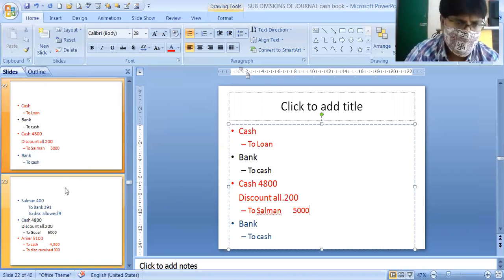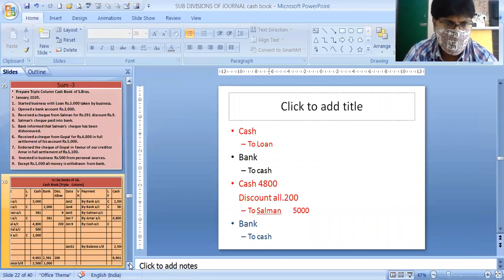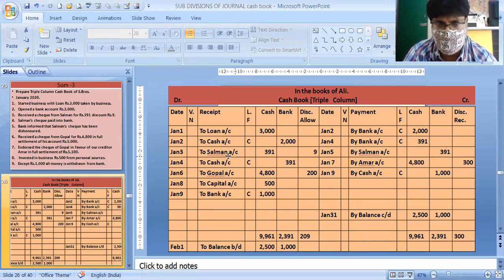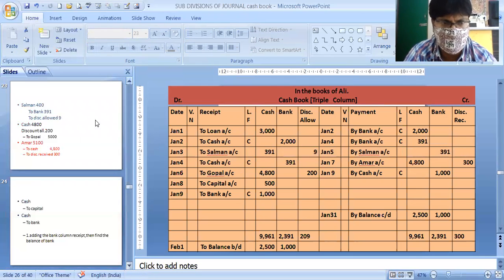So we notice that if we just post this entry in the cash book, we write to Salman. Don't think about the discount allowed as a posting entry. Discount allowed, we are just writing 200. See, to Salman, we have written, okay, it was 391 rupees and 9 rupees in discount allowed. It wasn't 4,800, students.